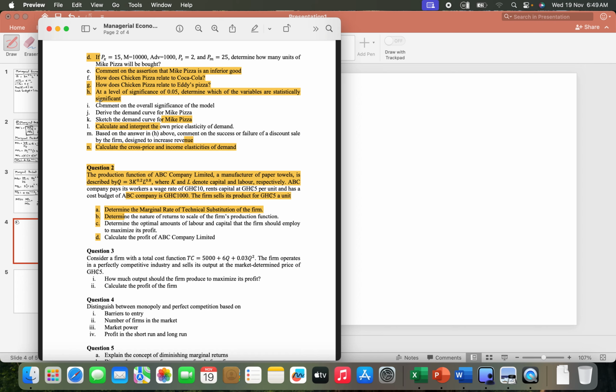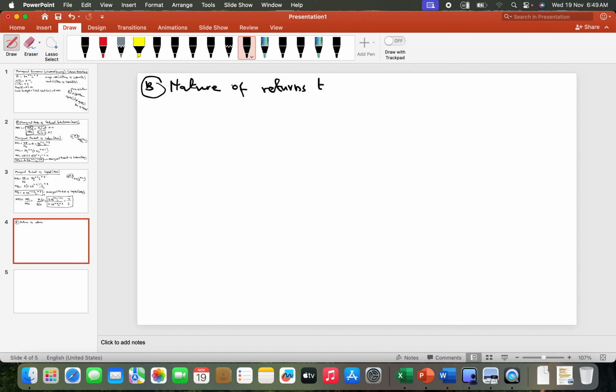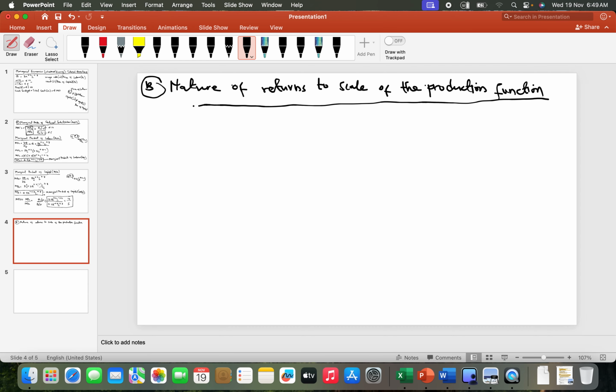So nature of returns to scale of the production function. So this is the B part of the question.